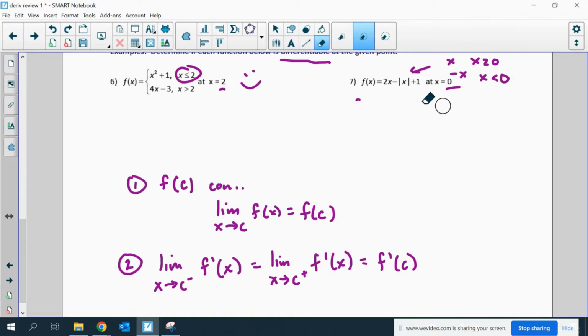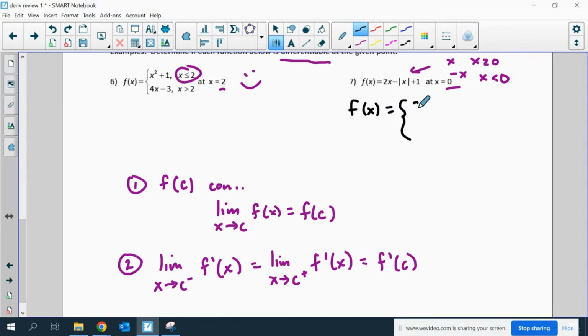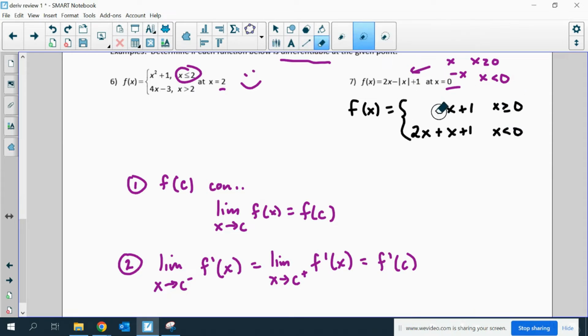So what I'm actually going to do is I'm going to rewrite this function as the piecewise function so then I can see it a little clearer. So 2x minus x plus 1, or 2x plus x plus 1, depending on when x is positive or negative. So I'm going to rewrite this top one as x plus 1. I'm going to rewrite this bottom one as 3x plus 1.